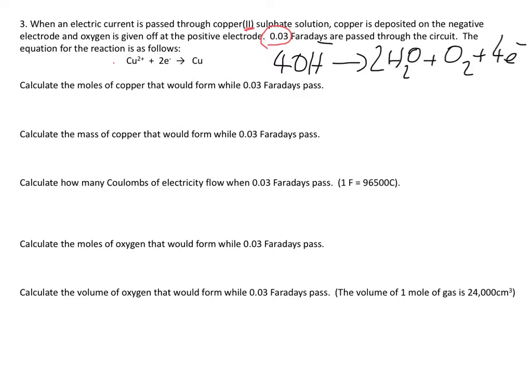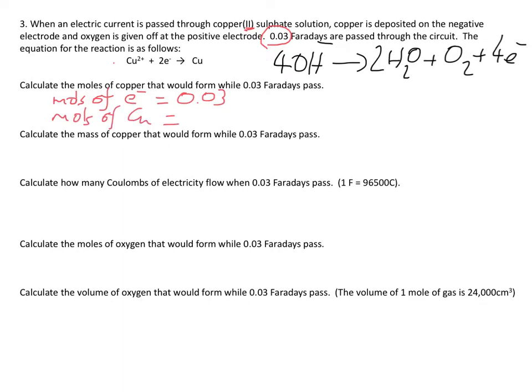Well, hopefully you remember that 1 Faraday is the same as a mole of electrons. So your moles of electrons would be the same as the Faraday, so 0.03. And from that we can work out the moles of copper.